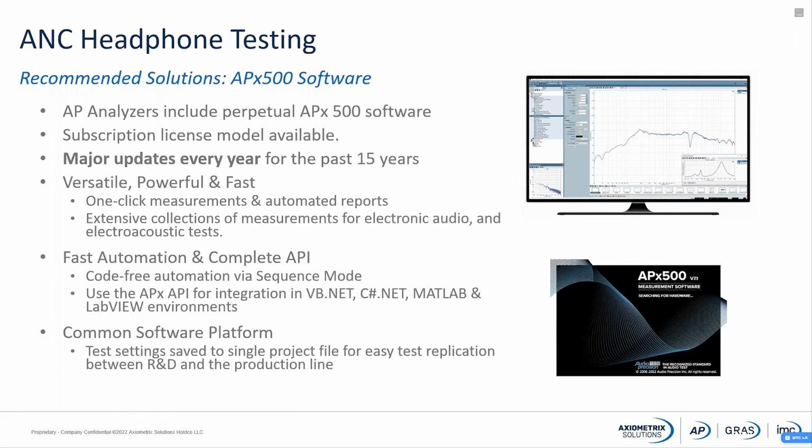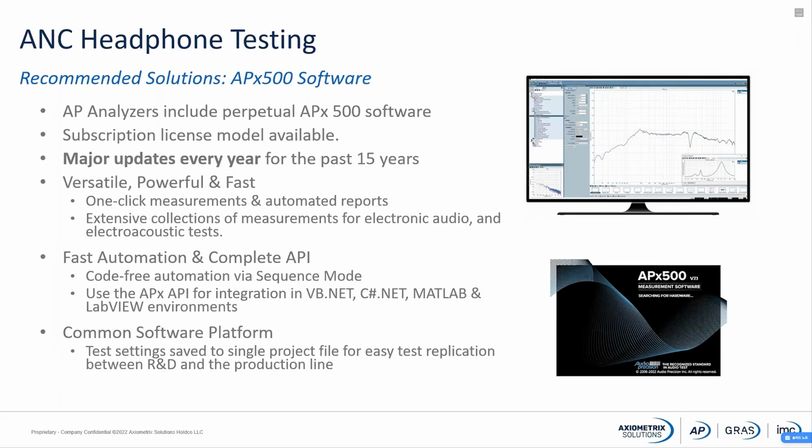So we are using a common software platform that is making the test and the results easier to share between production line and R&D. And with each analyzer you buy, each hardware analyzer, you get a perpetual license for use of the software. But if you want to, you can also have a subscription license model, so you can always be getting all the latest updates.